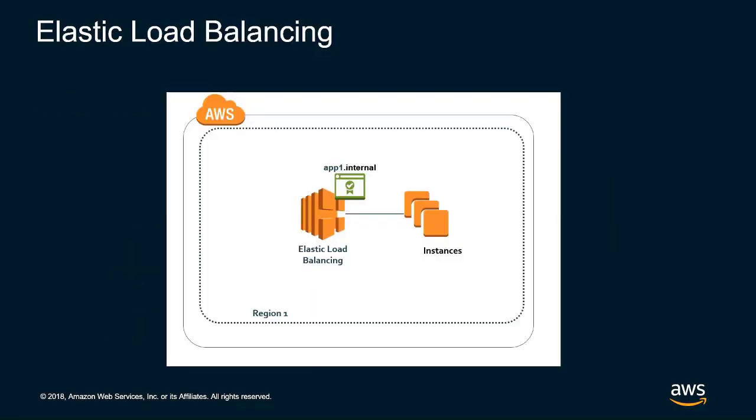This is one example of elastic load balancing, where a certificate is deployed on an elastic load balancer to identify an application running behind the load balancer. And in this case, this is the front end, so a browser connecting to this site would see the certificate and would be able to establish a secure connection to the site.